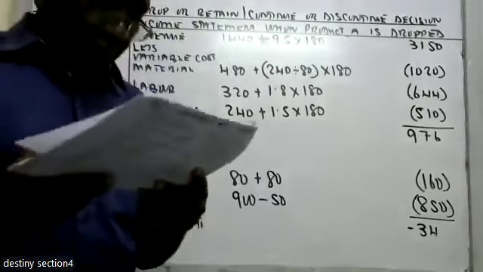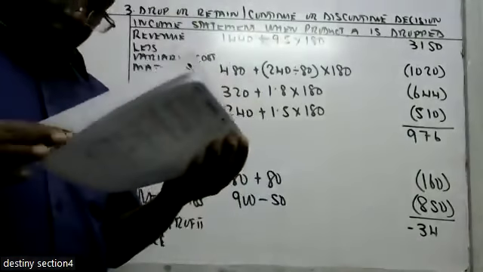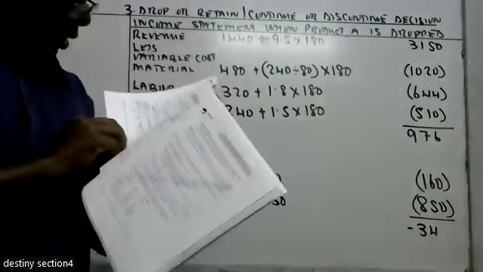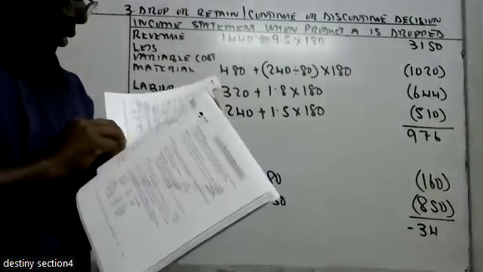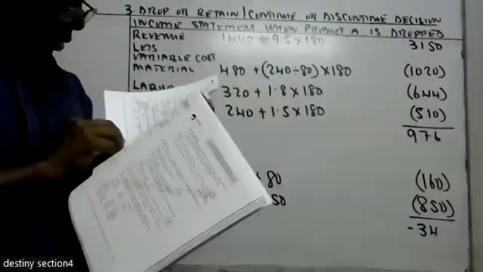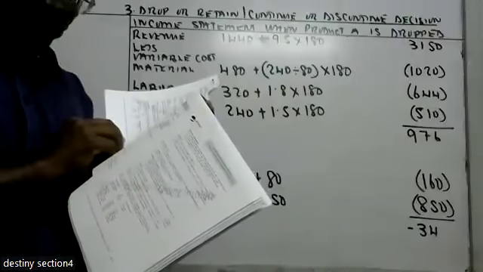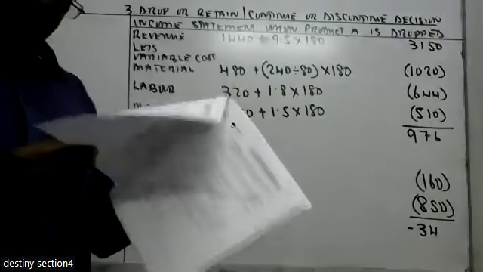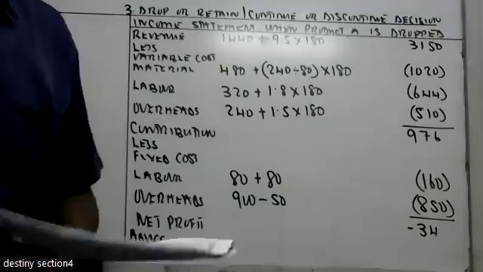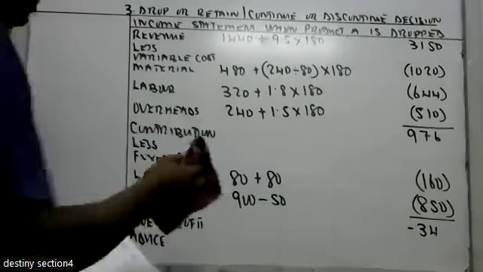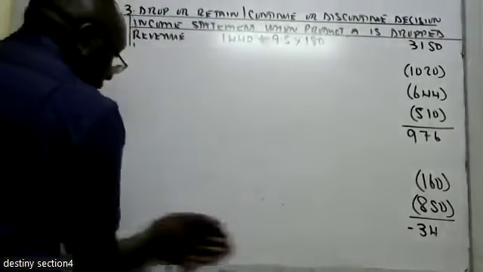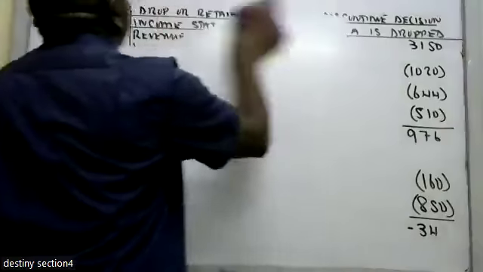As I look for another question, if you look at your notes, you see the non-monetary factors to consider. When you want to drop something, you need to look at, one, what is the effect on fixed costs?